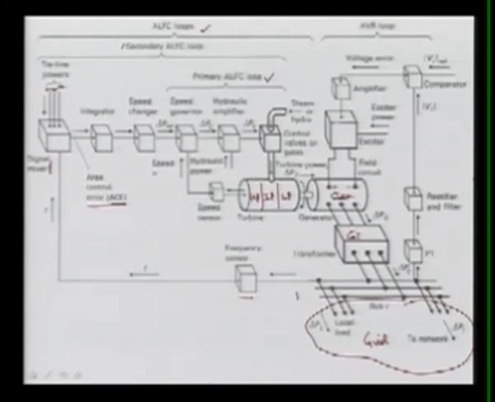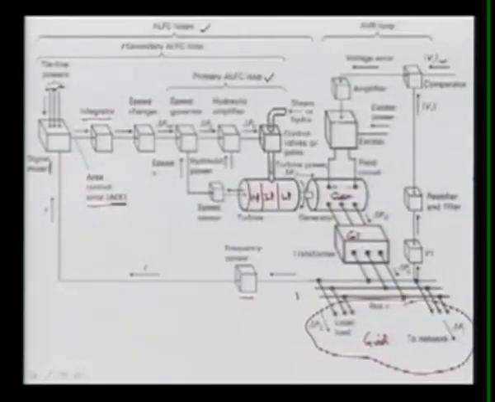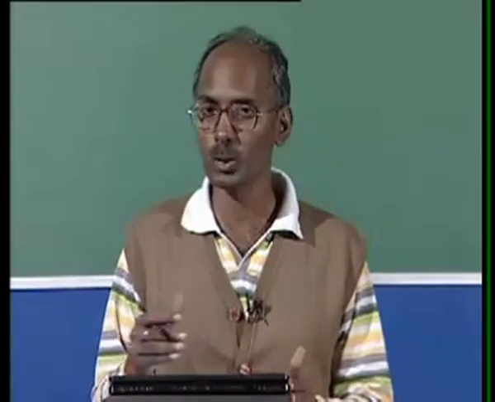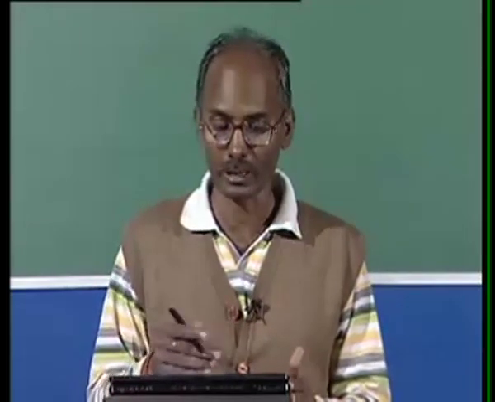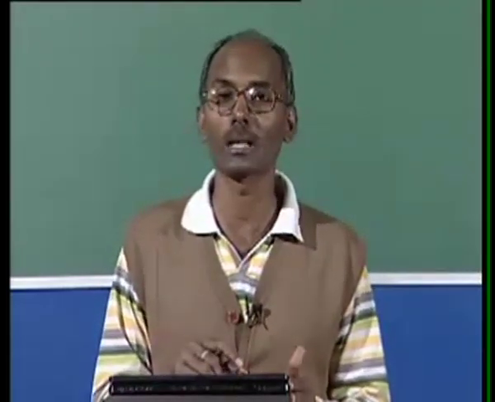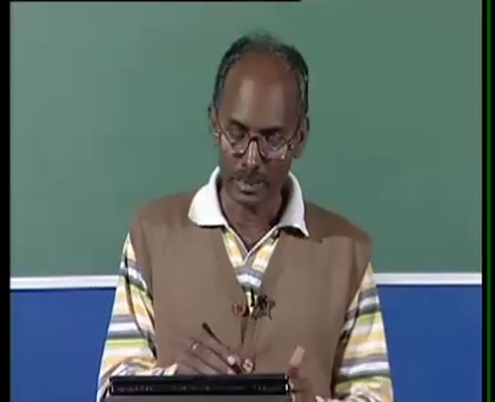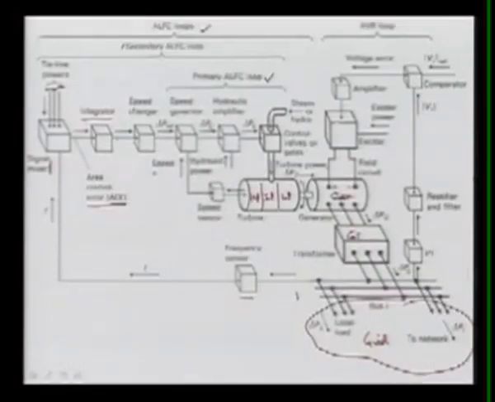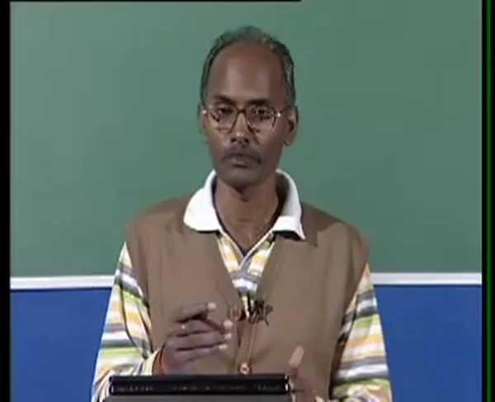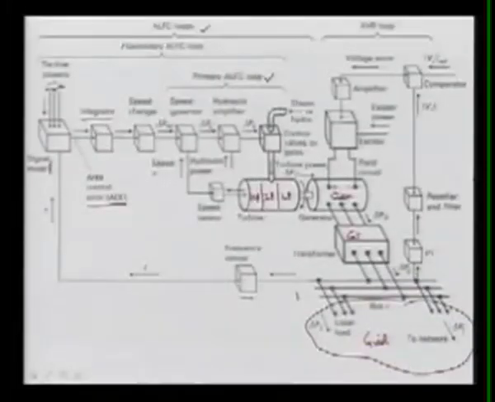That ACE is integrated because we have to use the integral controller, so that's why the integrator is written here. We use the integral controller to reduce the error in terms of your frequency and your tie line power flow. Then the input to the speed changer, whether we have to increase or decrease, depends upon what is the input coming here, and that is decided by your ACE, the area control error.